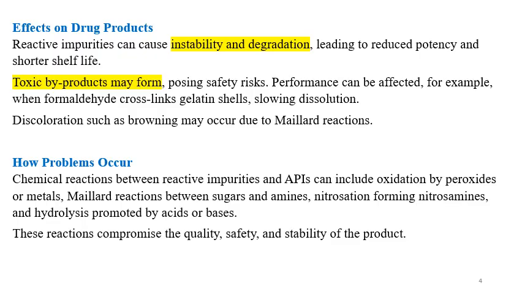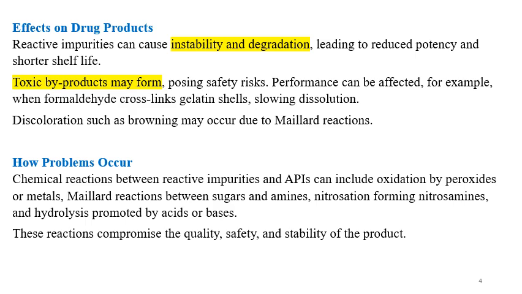Many times we come across slower dissolution of hard gelatin capsules. That may be because of the presence of aldehydes, the presence of formaldehyde in some excipients that can cause the cross-linking. How do the problems occur?